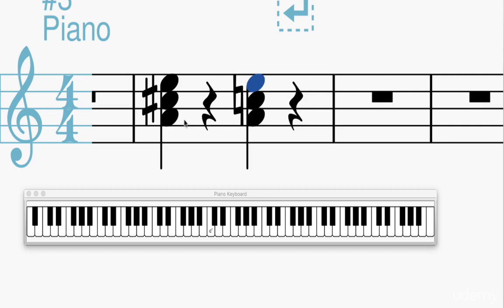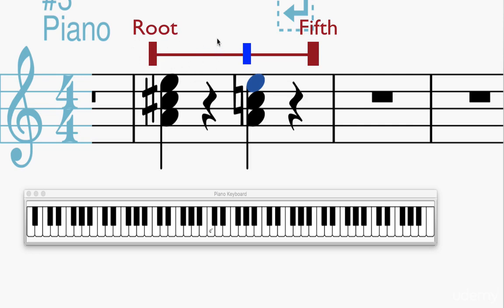Remember that between a major and a minor triad, the root doesn't change and the fifth doesn't change, right? So let's put the root over here somewhere and the fifth over here somewhere, okay? So now let's put the third of a major triad right around here, okay? So this distance is bigger because it's a major third.